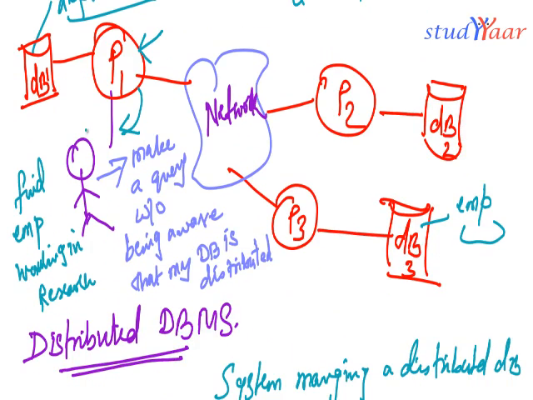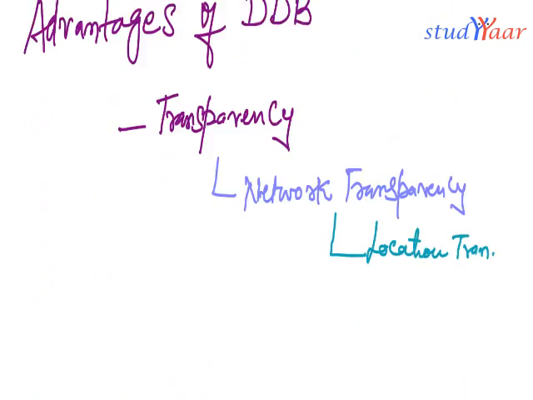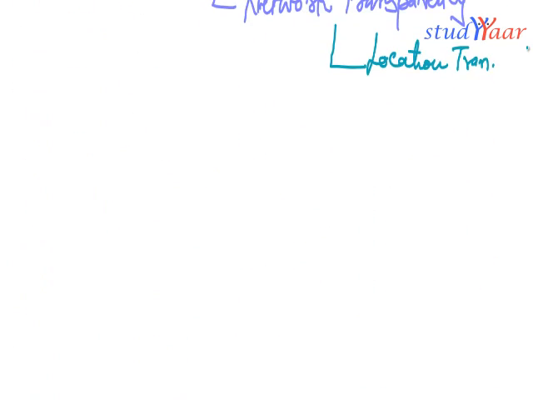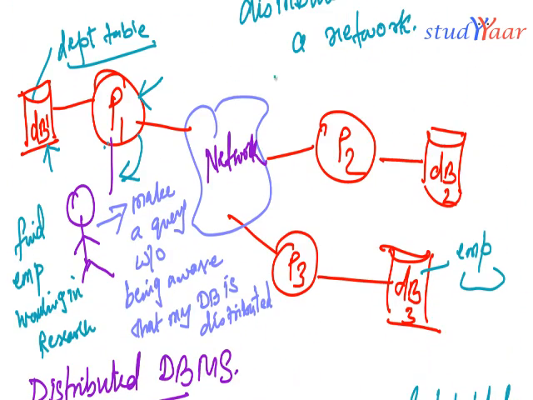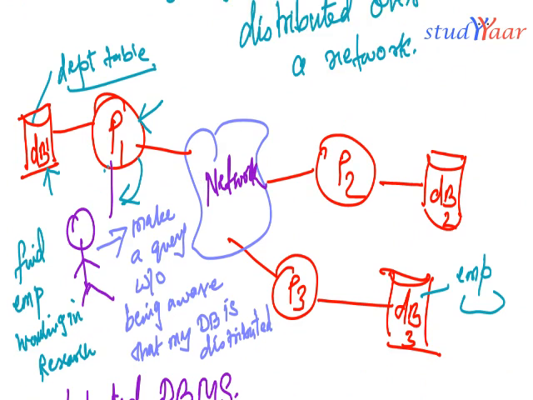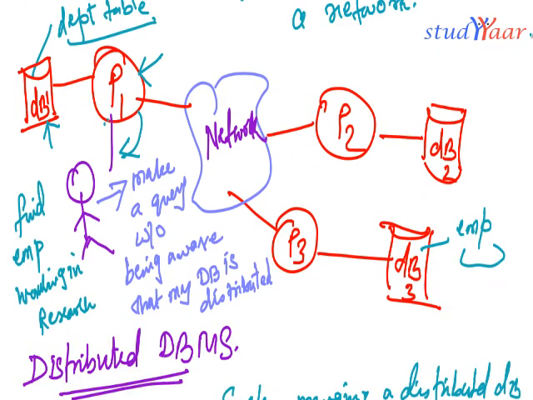You are here at P1 and you make a query that accesses databases from site P1 and also from site P3. You do not care where databases or elements of databases are located. That's location transparency. You can execute any command from anywhere.